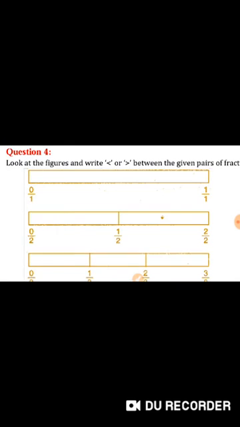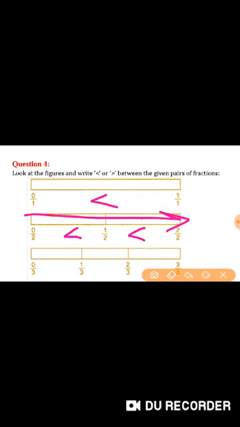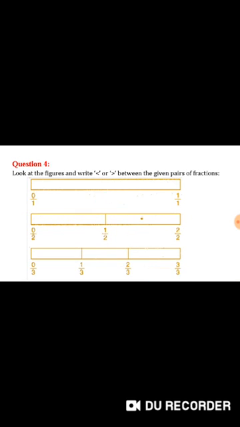Then go for the next, the fourth question. I am going a little bit in a hurry. Look at the figures and write less than or greater than between the pairs of fractions. See here what we can write for the figures: it is less than and it is less than, because it always goes from smaller to higher, isn't it?